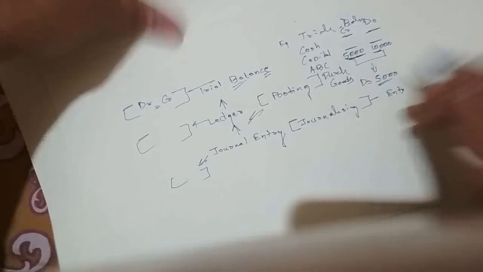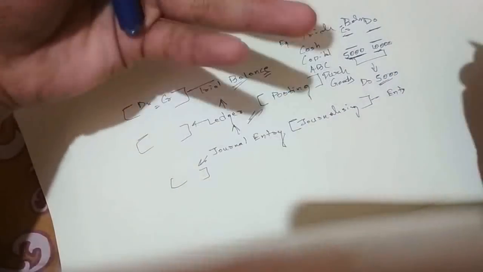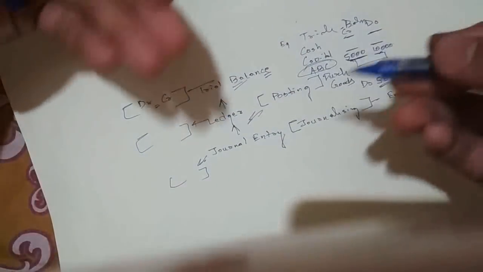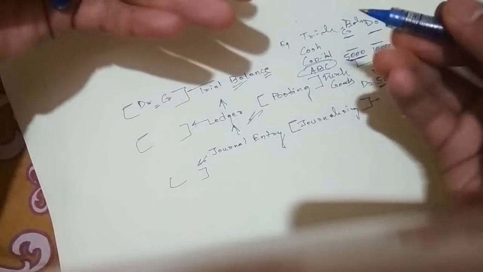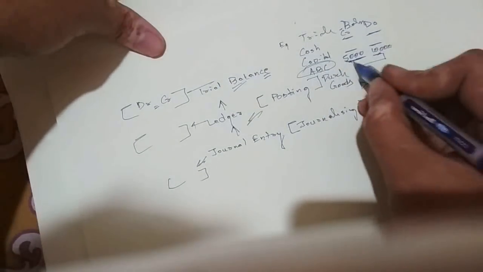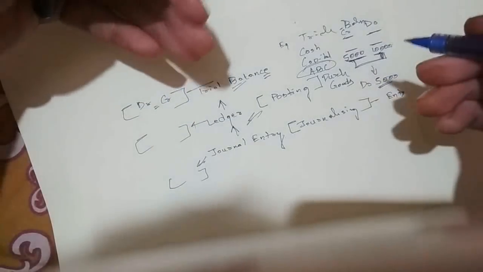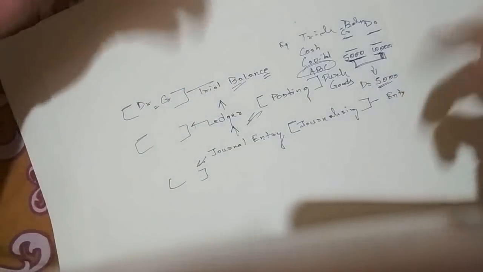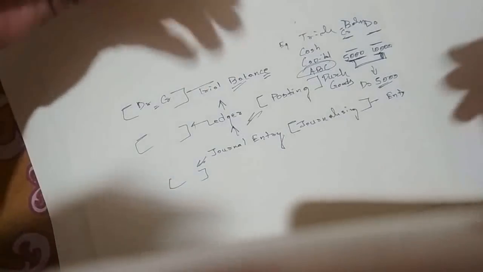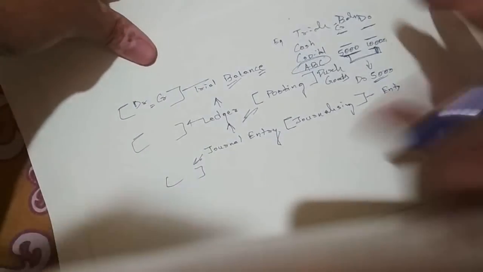So we have to give this 5,000 rupees to ABC Limited, which is a personal account. It means that we have taken some amount on a credit basis. So that's the meaning of this.